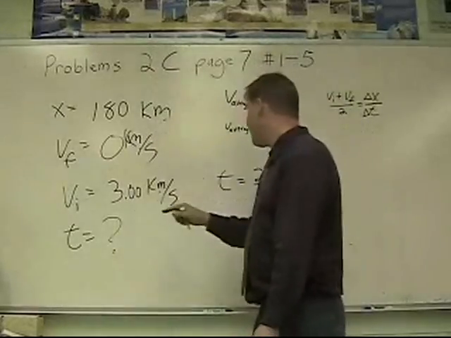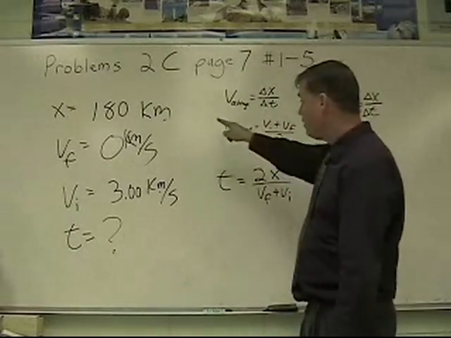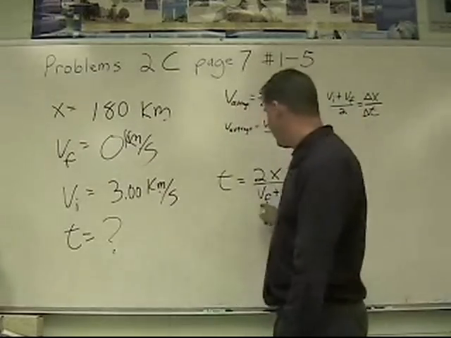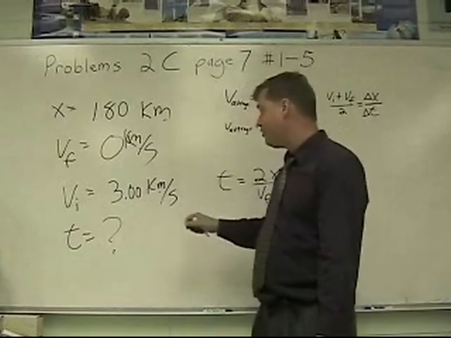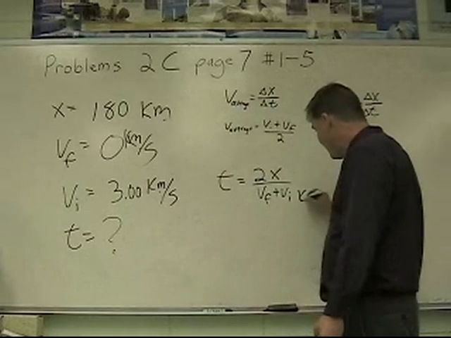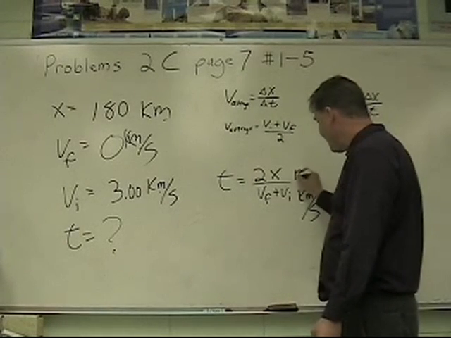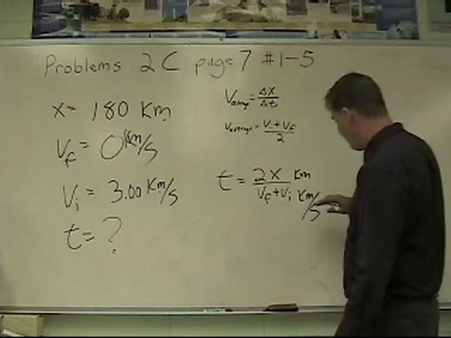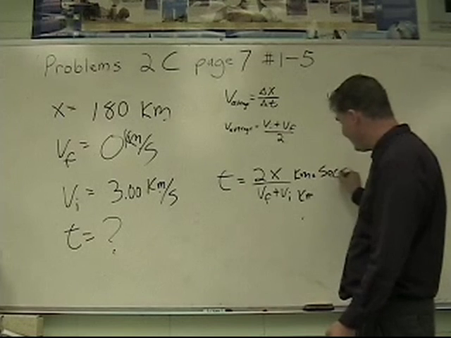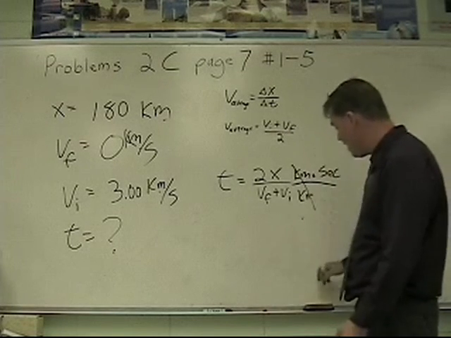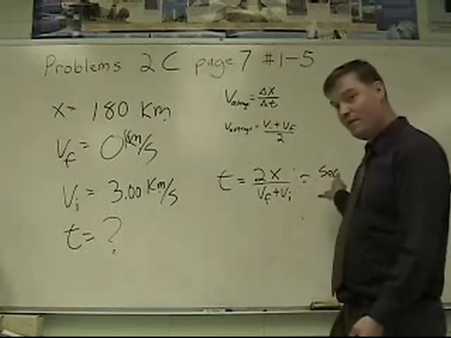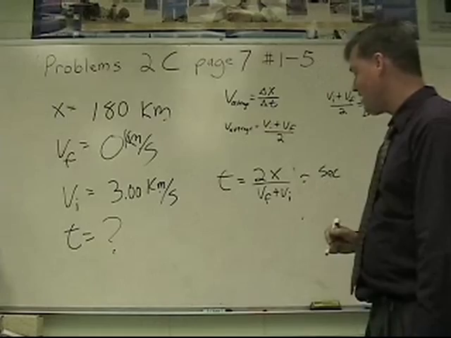If our x is 180 kilometers and our VF being 0 plus our VI, 3 kilometers per second, when you have kilometers per second and kilometers, we need to reverse this. So we have kilometers times seconds divided by kilometers. Our kilometers will cross out, and our time will be given in the unit of seconds, just like we wanted.